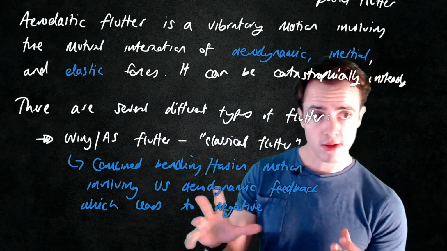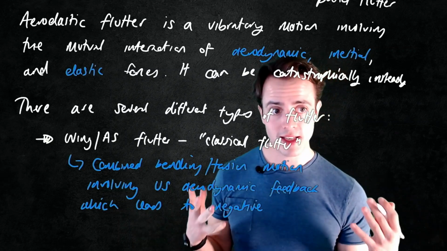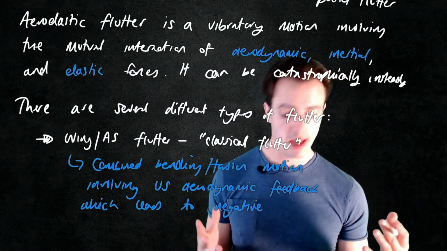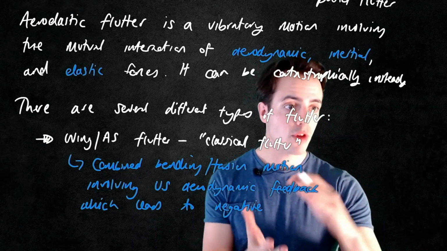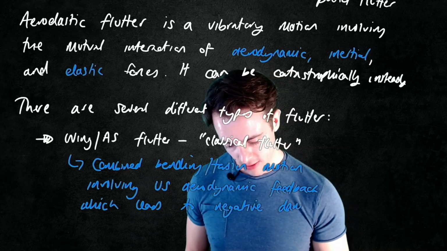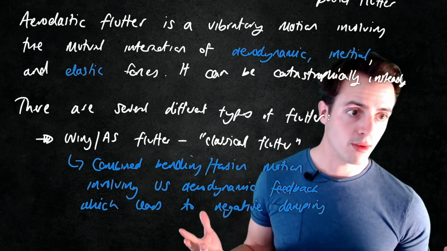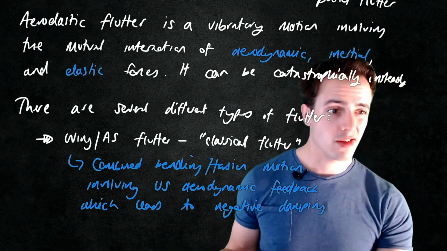Normally, for the reasons that we discussed in the last lecture, those aerodynamic forces tend to be damping. They tend to give positive damping, which reduces the energy of the system. If we have negative damping because of unsteady aerodynamic effects, then this can lead to an increase in the vibratory amplitude, which causes wings to snap off.